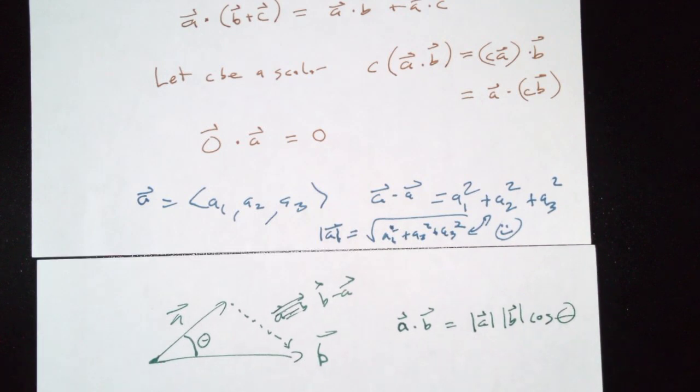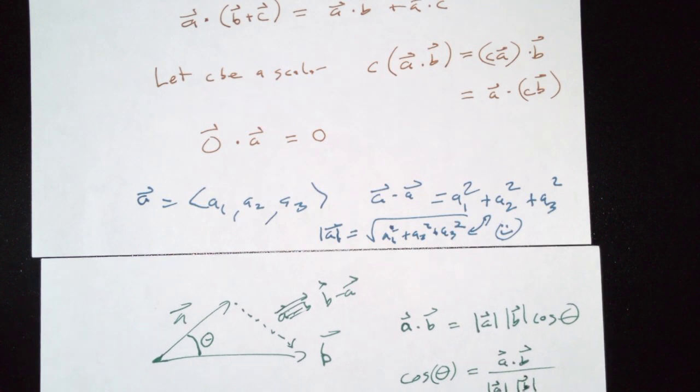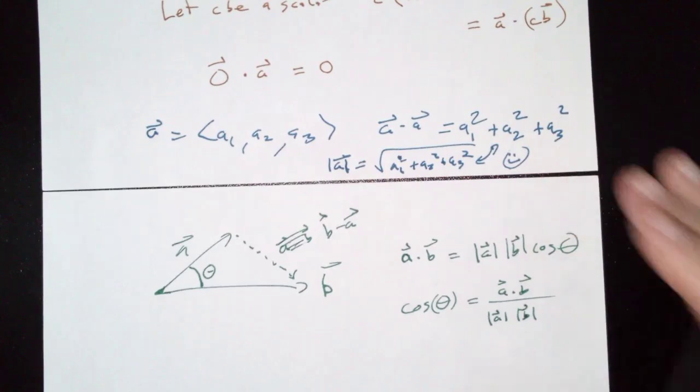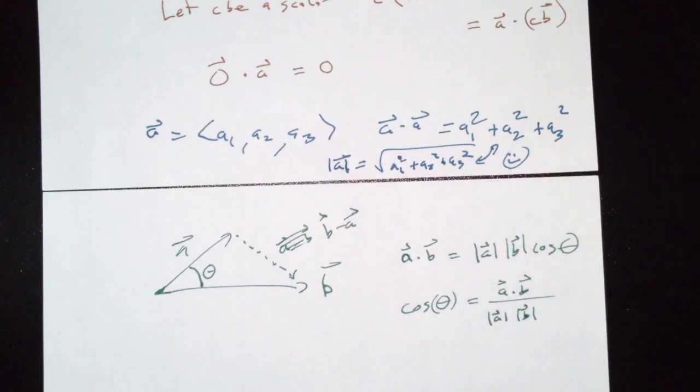Or equivalently, that the cosine of the angle is the dot product divided by the lengths. As long as neither vector is zero, because you can't divide by zero, and zero doesn't have a direction for me to go in anyway, so there wouldn't be a way to do that angle.